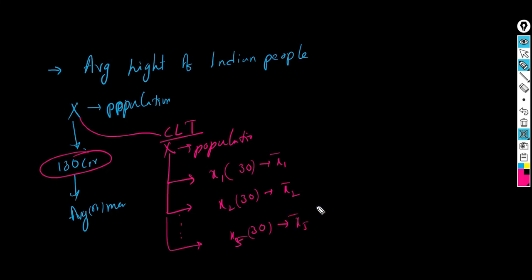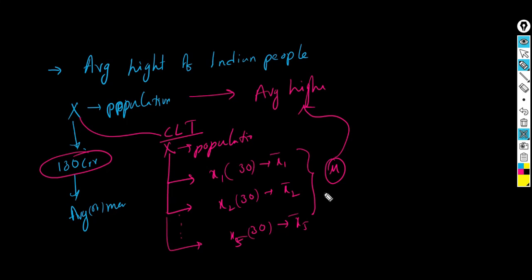And X5 bar. Now we can observe that by taking the mean of these means, we will get the mean height of the whole Indian population. The average height is the same as this one.